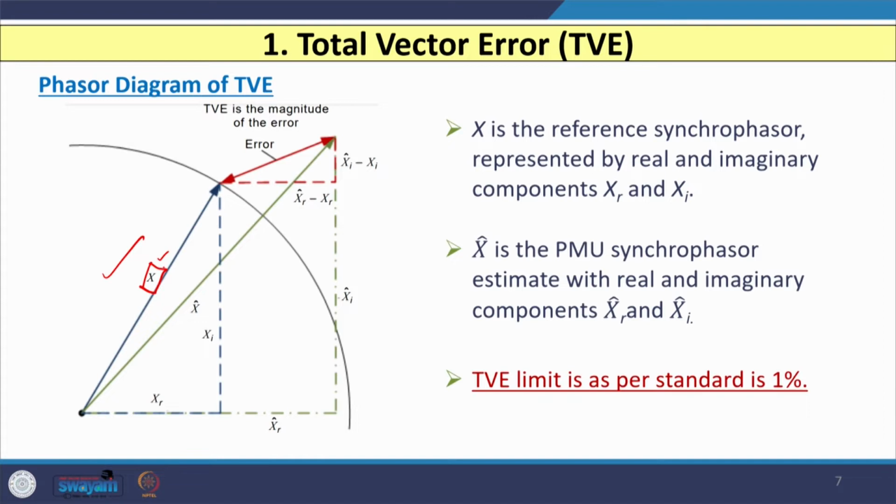Its real part is XR, and its imaginary part is Xi. This is the reference value. Then the other value is the estimated value given by the PMU, denoted by the symbol X hat.